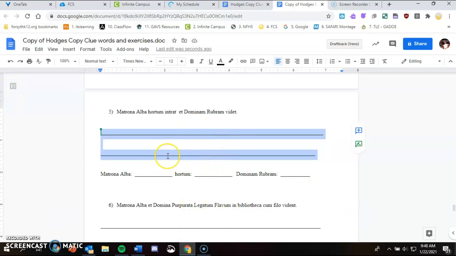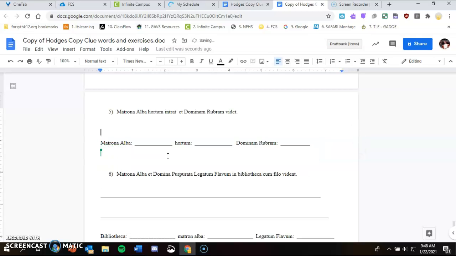All right, so we got Matrona alba, hortum intrat, et dominam rubram videt. So, who's doing the action here? Mrs. White. She's doing a couple actions. What's the first action she does? Enters the garden. Very good. Et. And she sees Miss Scarlet.